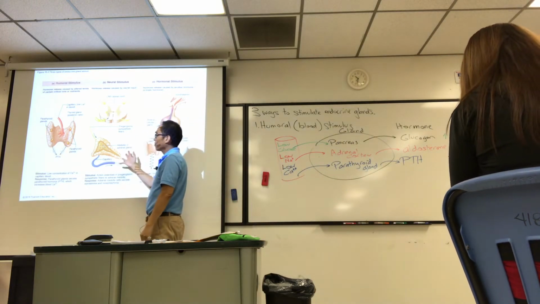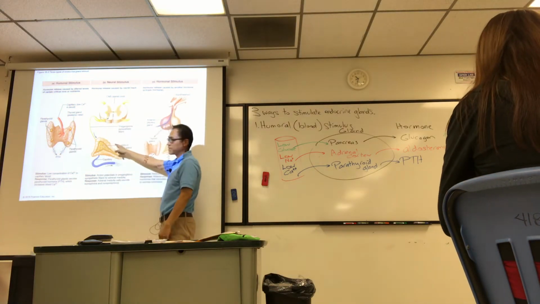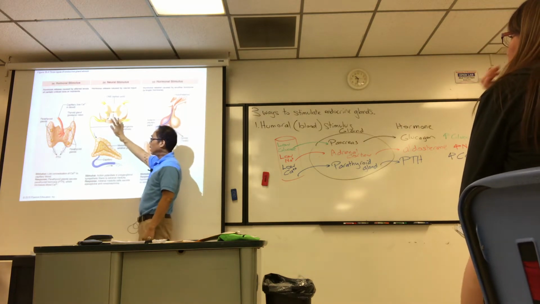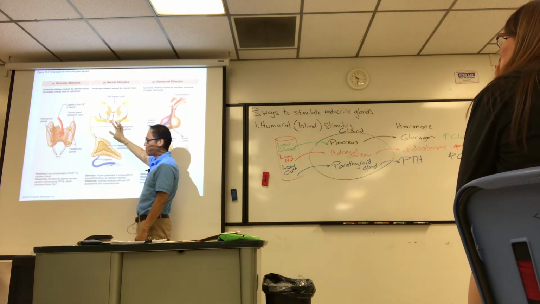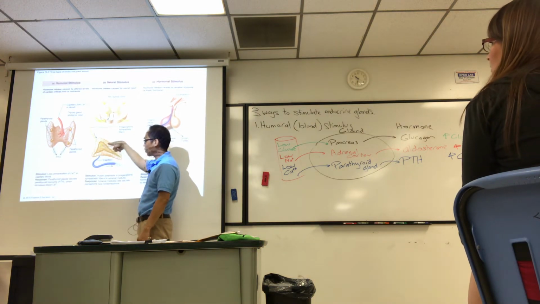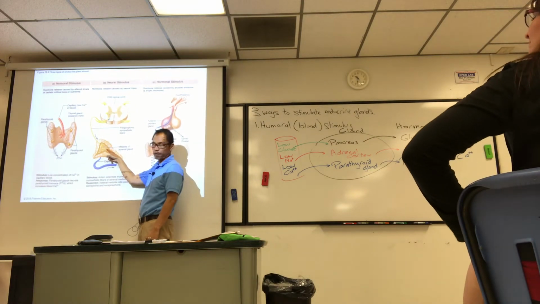The middle frame, so blood can stimulate glands, nerves can too. This is the only example you got to know. Here's an example of sympathetic efferents stimulating the adrenal medulla. Not the cortex, which is the outer part, the medulla, the inner part.